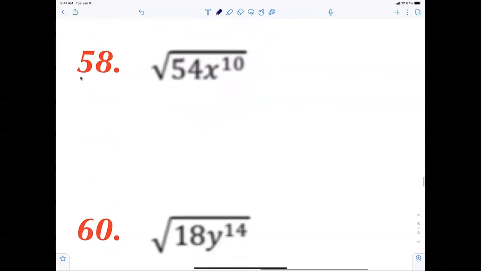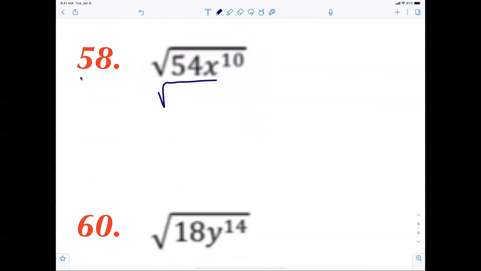And then 54, it's evil, is 9 times 6. So it's just 3x to the 5th radical 6.